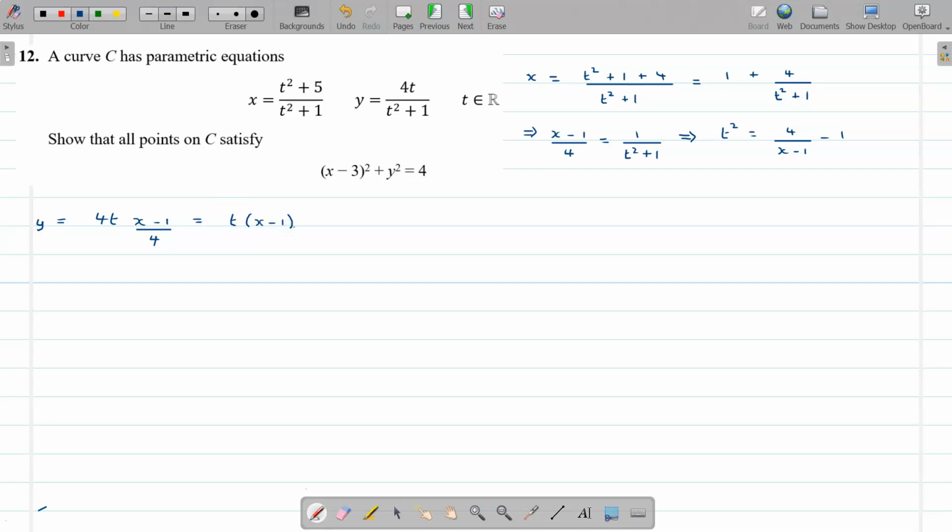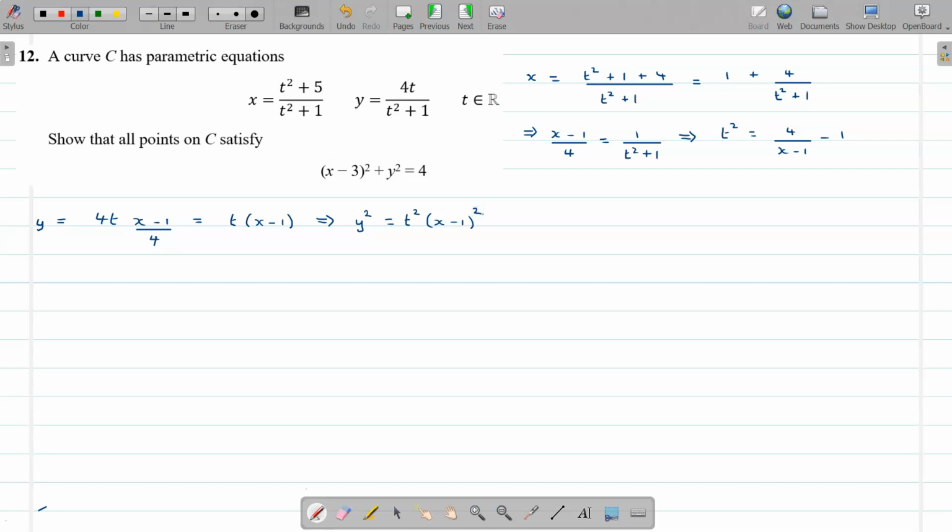Okay, now what I'm going to do now is square both sides, because I need a y squared, you see, and that will give me a t squared, and I have an expression for t squared in terms of x. So squaring both sides, I can say that y squared equals t squared times x minus 1 squared.